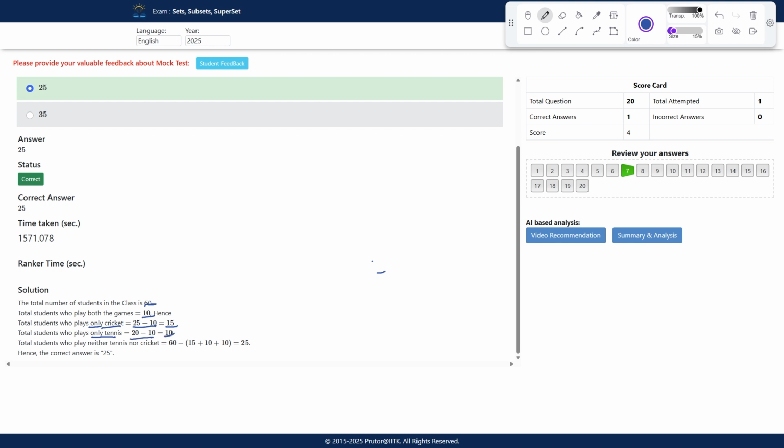And the total number of students who play neither tennis nor cricket is very simple. We subtract from the total of 60 the students who play only cricket, only tennis, and both. Eliminating all these students, we are left with the students who play neither cricket nor tennis. So we have only 25 such students.